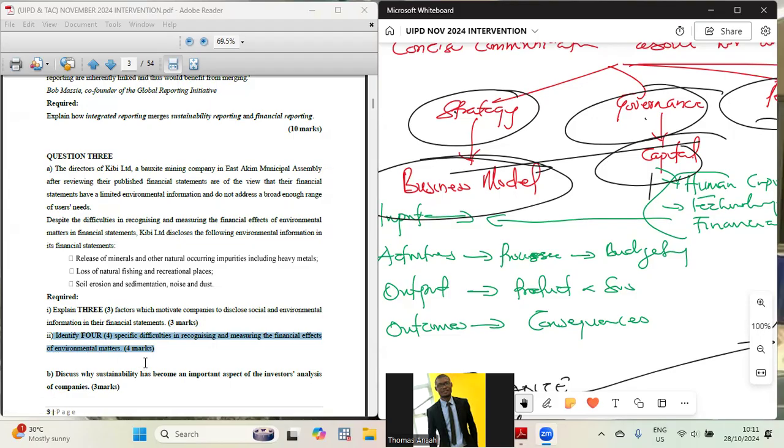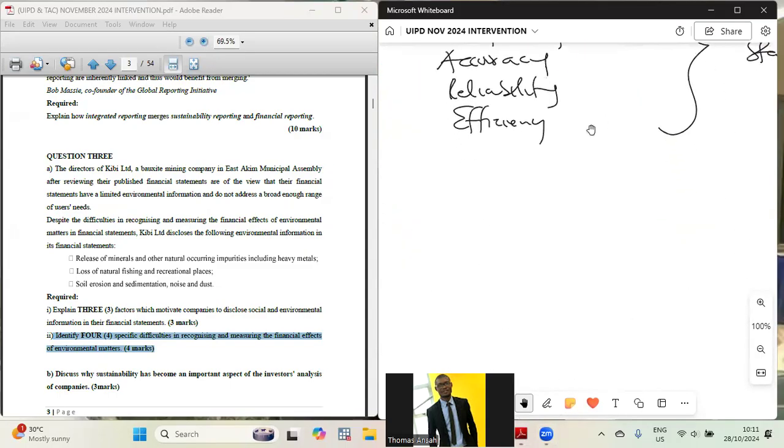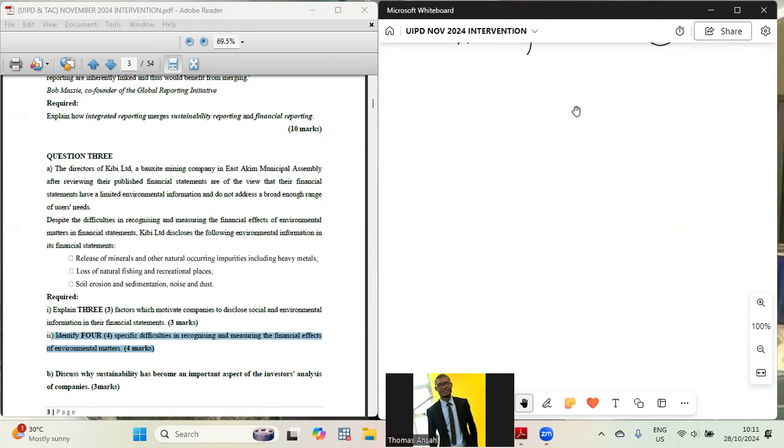Now, one of them is what we discussed, the present value of future dismantling cost. The difficulty is that the thing is an estimate. And with an estimate, how can you have a KPI for it? So one of the main difficulties is that it is an estimate.